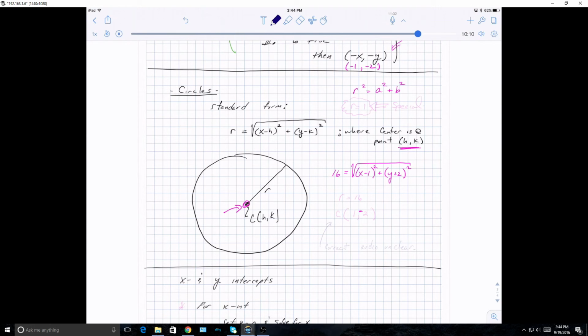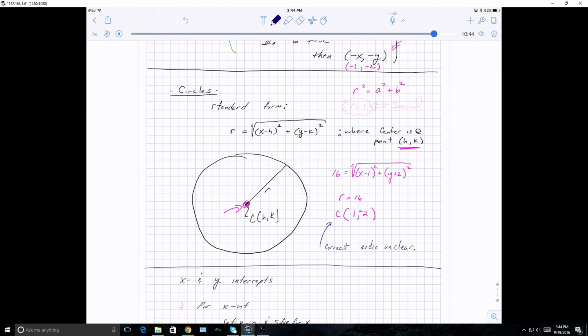If we were doing this out, what would be the radius here? Well, the radius would be 16, whatever units that is, and then the center point would be at 1, negative 2. So we can go backwards and forwards with these and make it really easy to identify circles.